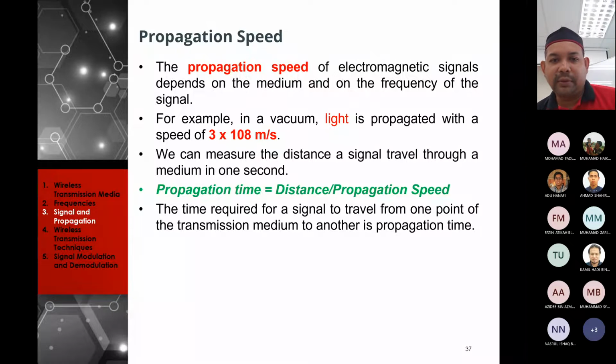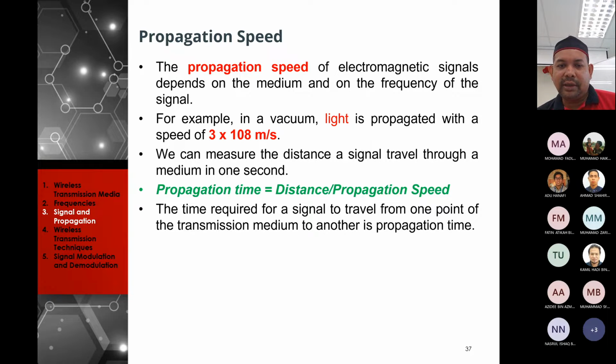Okay, now for speed. Propagation speed. The propagation speed of an electromagnetic signal depends on the medium and on the frequency of the signal. For example, in a vacuum, light propagates at a speed of 3 times 10^8 meters per second.